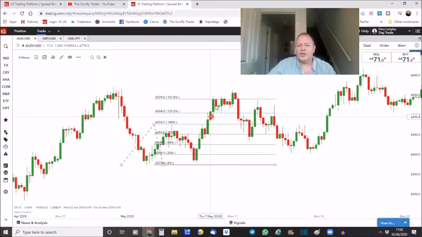But went straight up and stopped dead at the golden ratio number. Danced around that a bit. But when it came down, it tried to push back into the 127. And when it did, it danced round it before it came back down to the 100%. These are key levels.